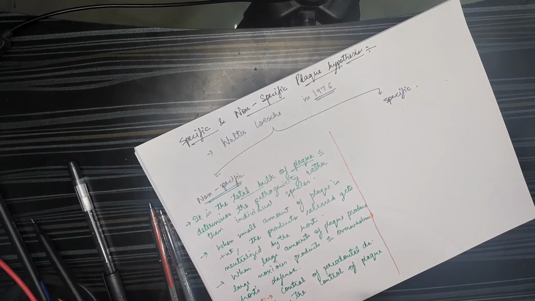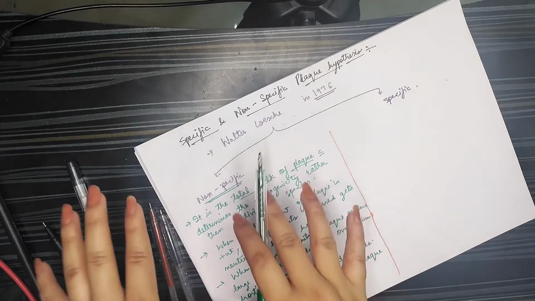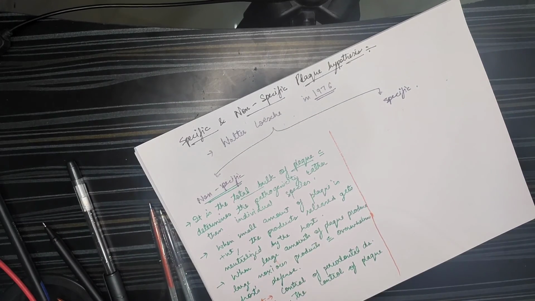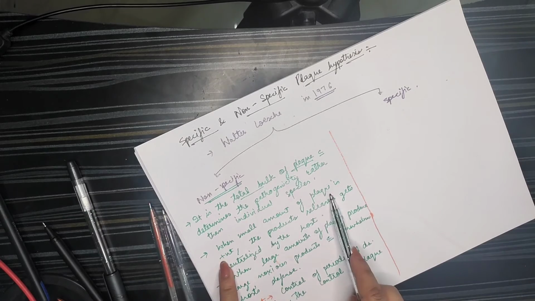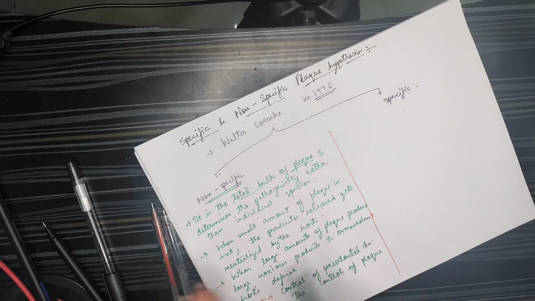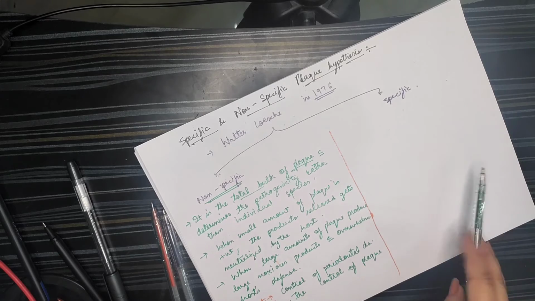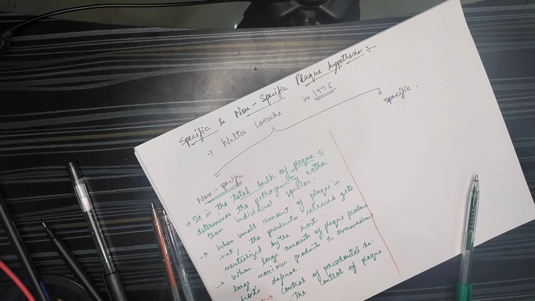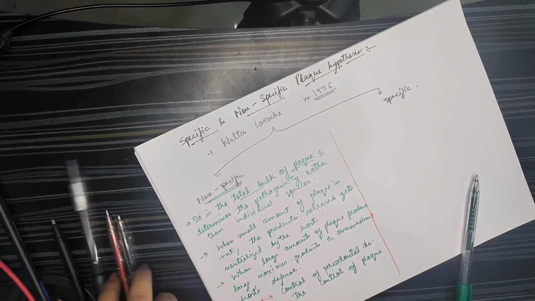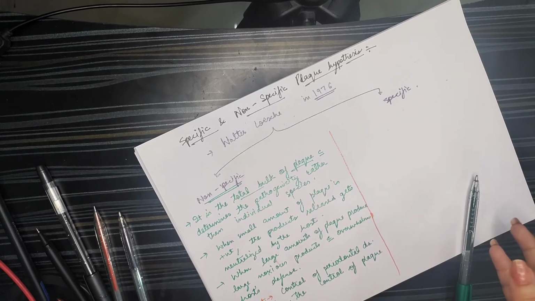So what the non-specific hypothesis tells you is that a small amount of plaque releases a small amount of noxious products and can be easily neutralized by the host, but if the plaque is more, it will release more noxious products and it becomes difficult for the host to handle that. Now the concept is simple. If you want to control periodontal disease, control the plaque accumulation.